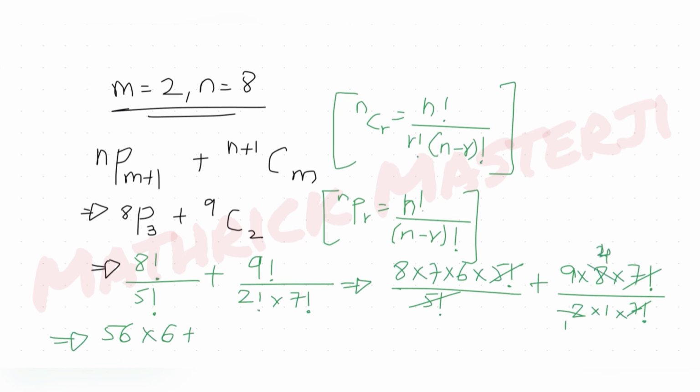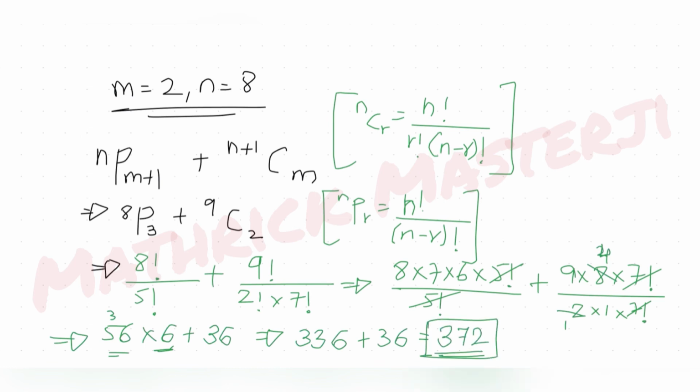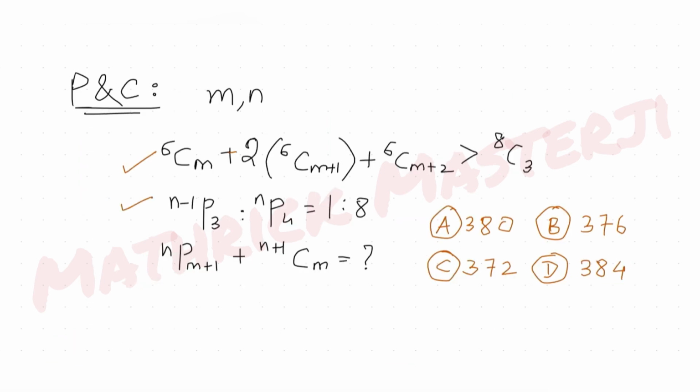So 56 into 6 is 336, plus 36, I get 372. So I get the answer to the question, and the answer choice that matches is option C. So C becomes the correct answer for the question.